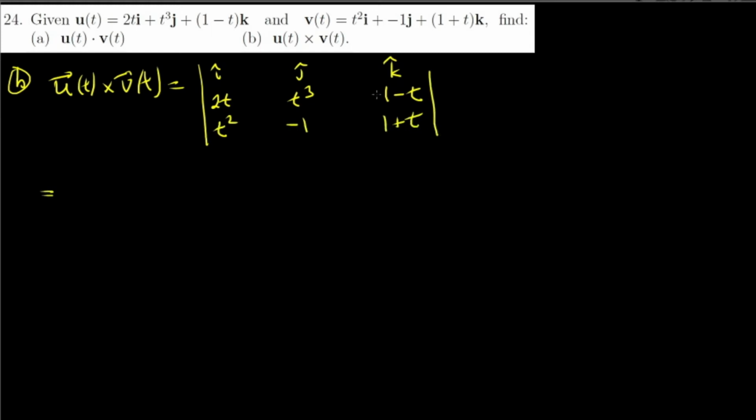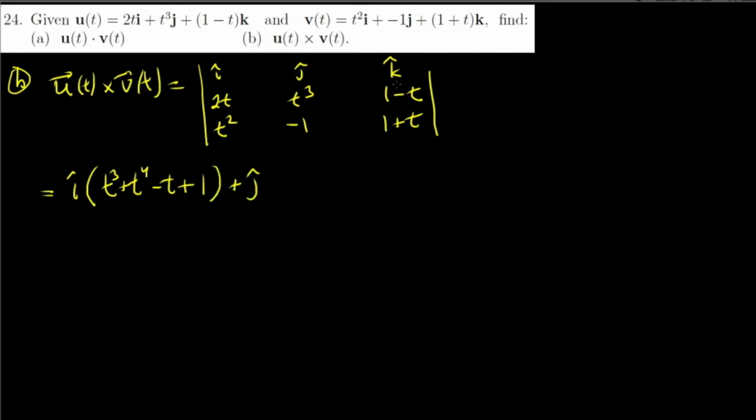Not pleasant to work out, but for the i component, what do we get? t cubed plus t to the 4th, and then plus 1 minus t. All right, good enough. And then plus j, now we have to go backwards here.